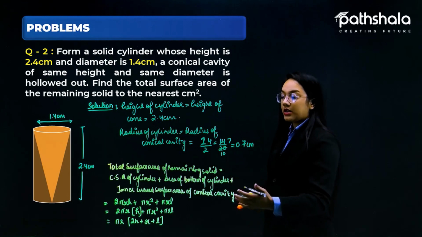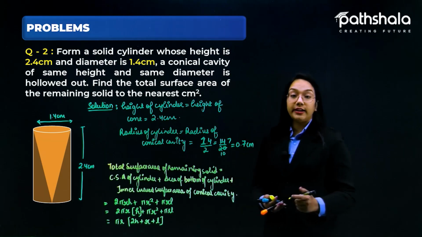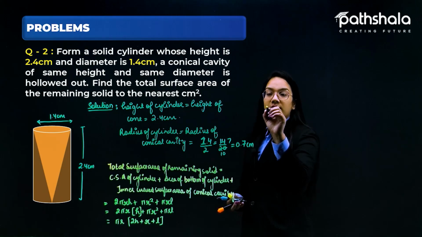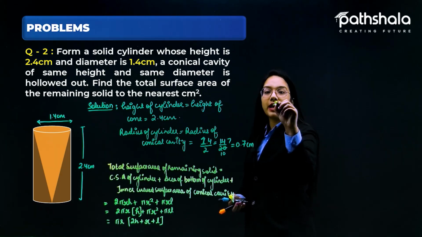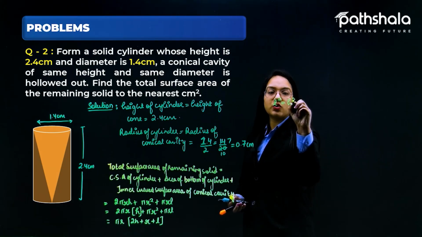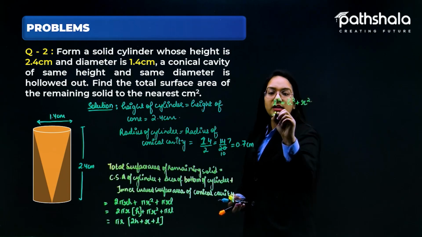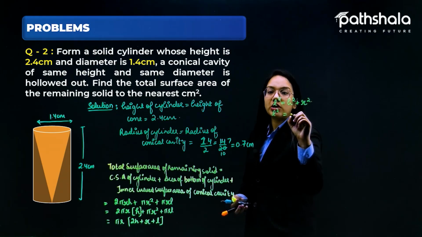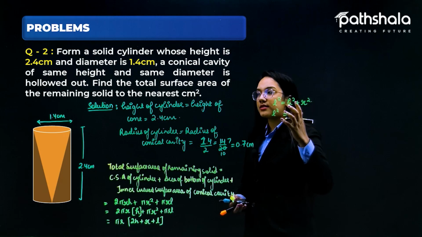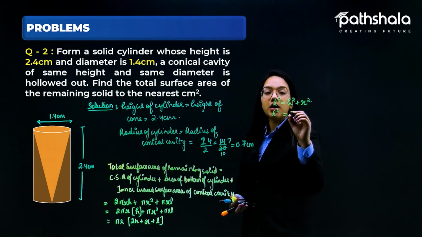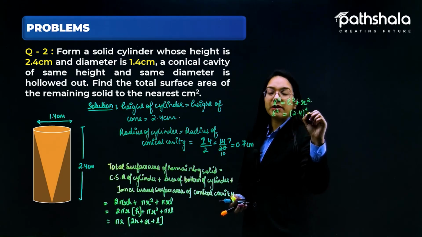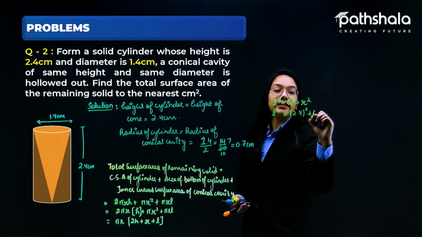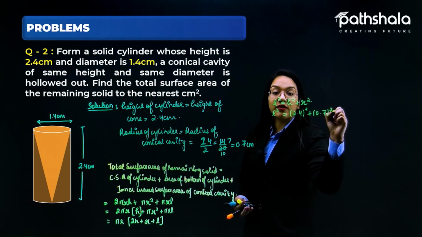Now let's find out the slant height first. You can see over here, the slant height l² is equal to h² plus r². So l² would be equal to h², since the height is the same as the height of the cylinder. So this is 2.4 whole square plus the radius 0.7 whole square.